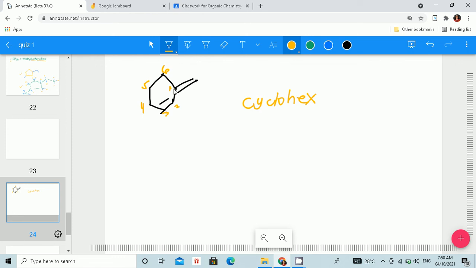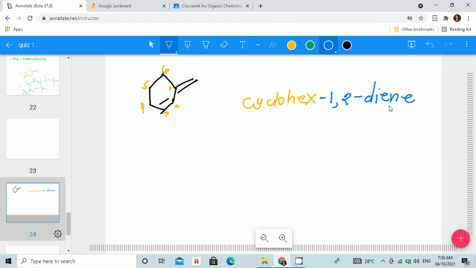Now we will use the new naming form, where you put the position, the numbers of the double bonds. So we have 1, 2, diene. That's "di" because there are 2 double bonds.